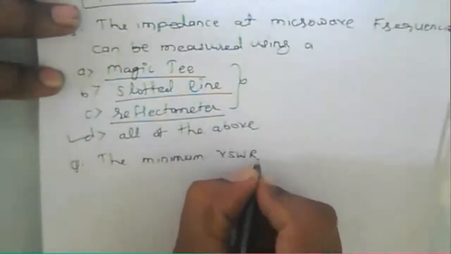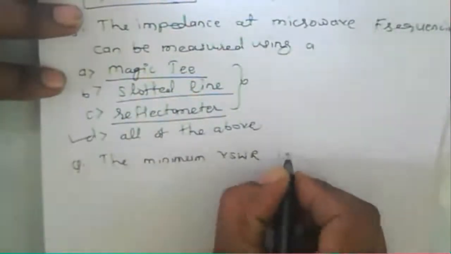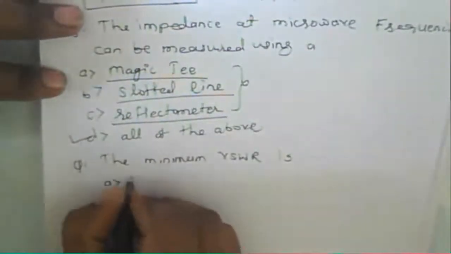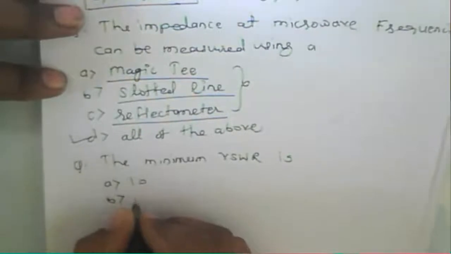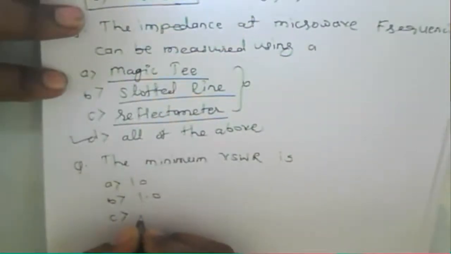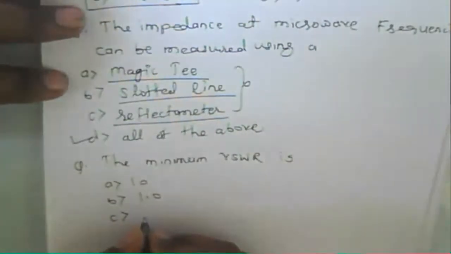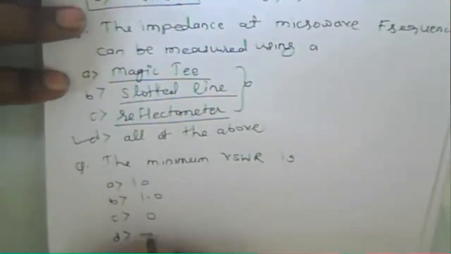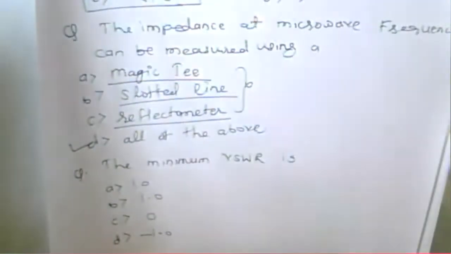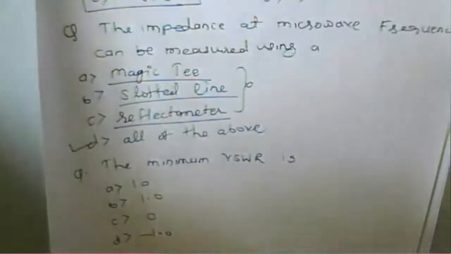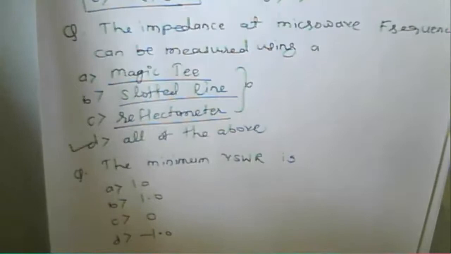So the minimum VSWR is: A, 10; B, 1.0; C, 0; D, minus 1.0. Okay, that is about the minimum VSWR. What is the answer for this? Please type your answer there.